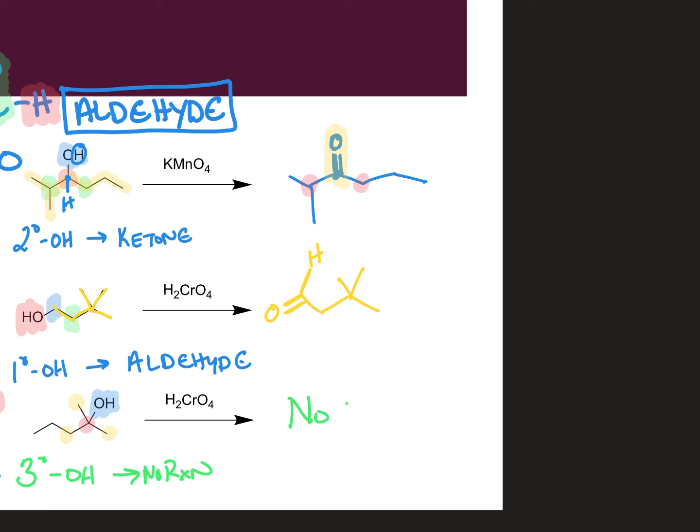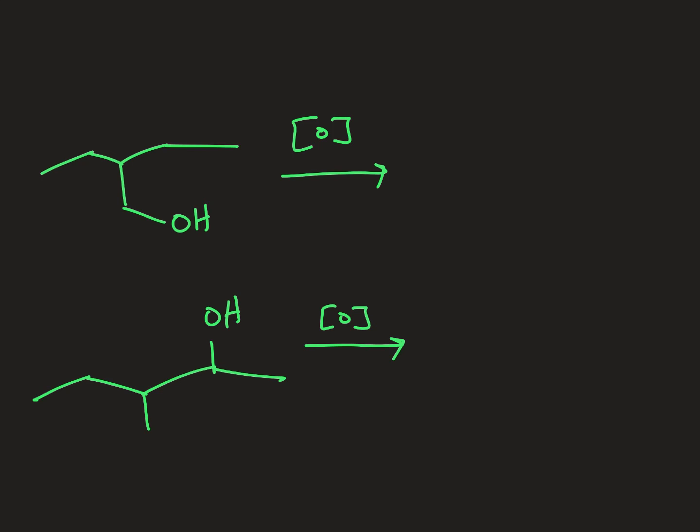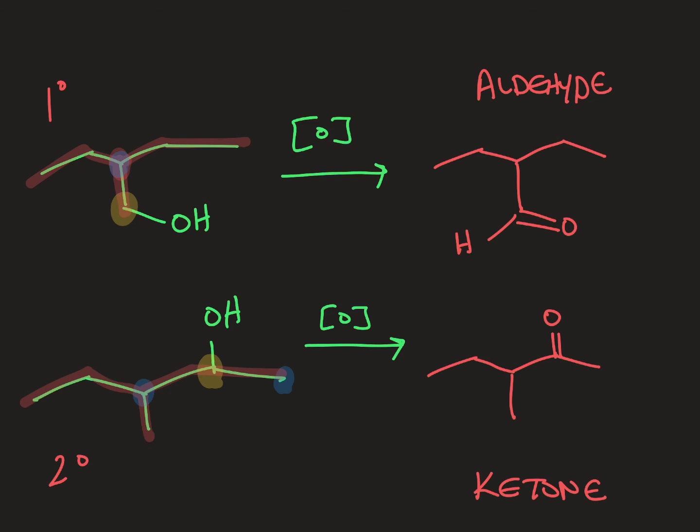So there's no product that is formed in this attempted reaction. Here are a couple more examples, so go ahead and pause the video and see if you can draw the products of these 2 oxidation reactions. Here are your products. The first example is a primary alcohol turning into an aldehyde. The second example is a secondary alcohol turning into a ketone.